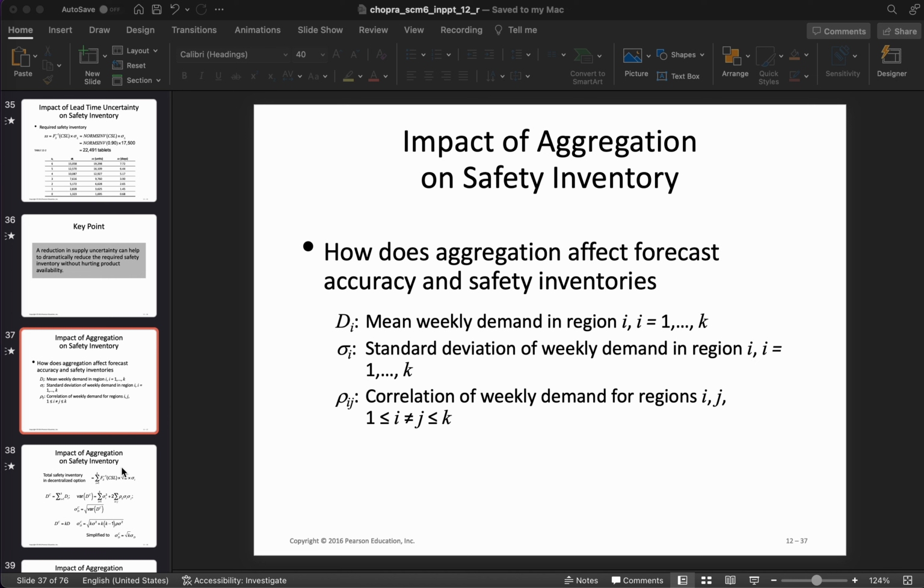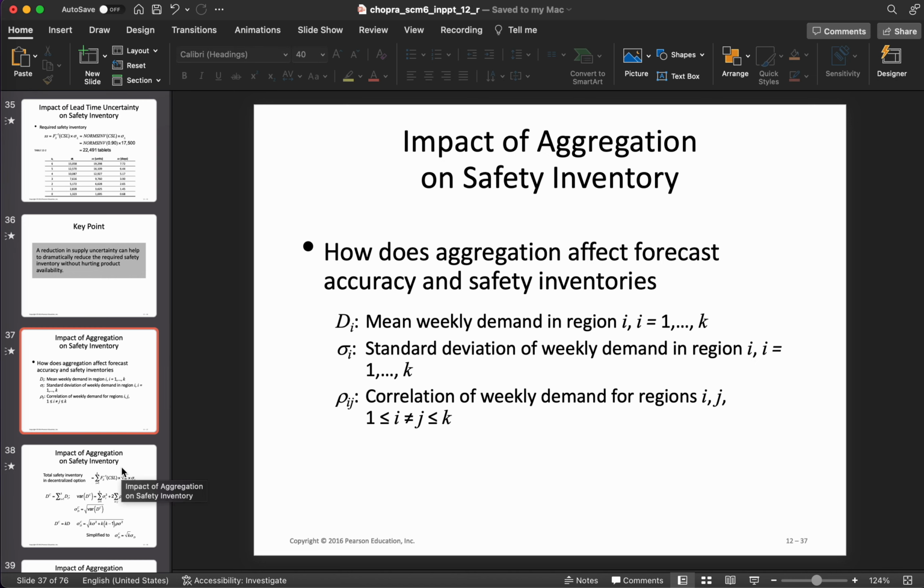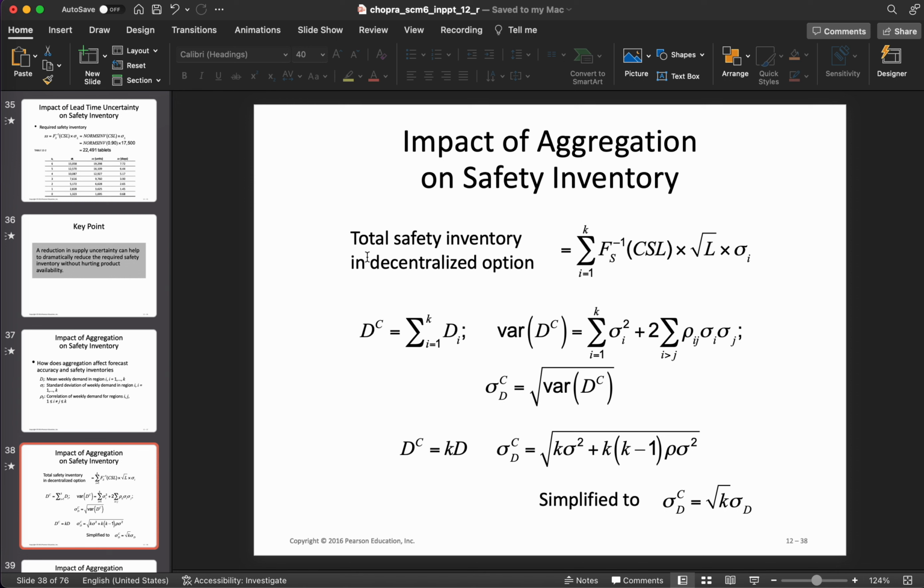With this, what we can see is the total safety inventory if we have decentralized inventory for the K different regions.